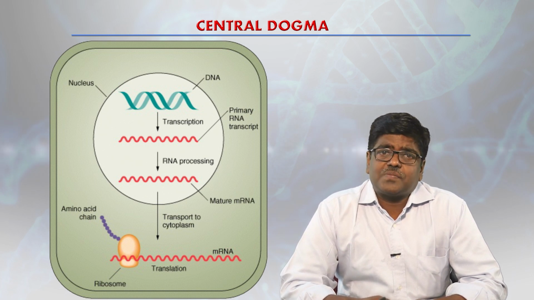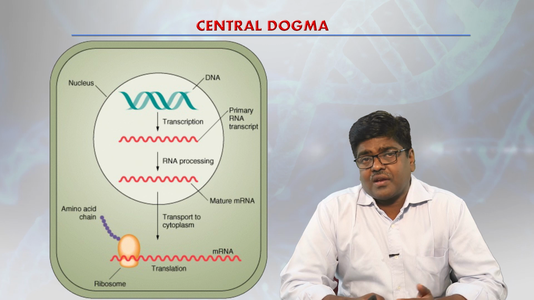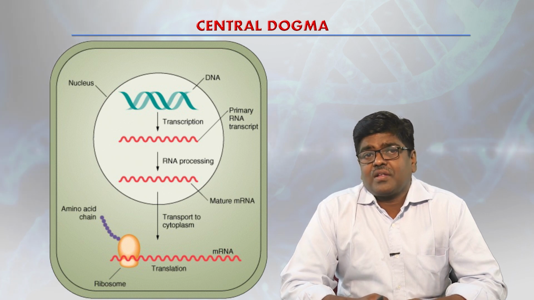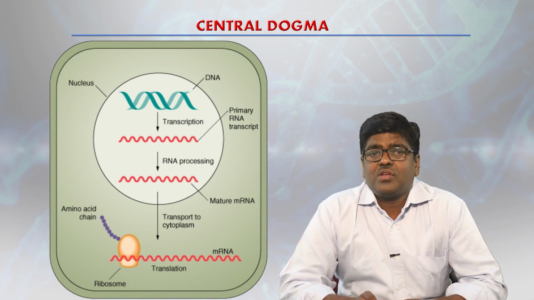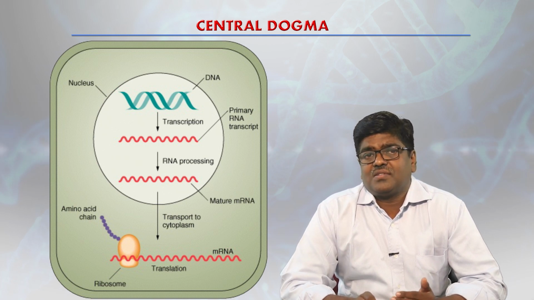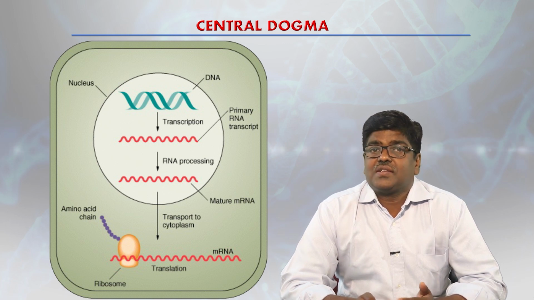So DNA is scripted into RNA, that is transcription. This RNA is processed into mature RNA, and you have mRNA, tRNA and rRNA. Particularly the mRNA attaches to the ribosome and makes protein synthesis. So the message for protein synthesis lies in the mRNA, and this mRNA message lies in the DNA.